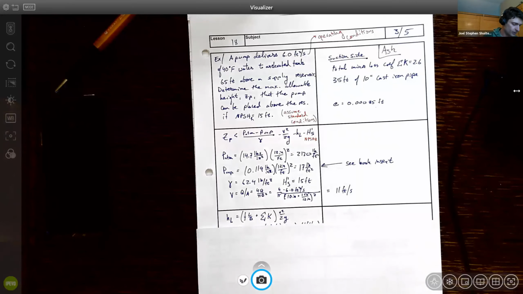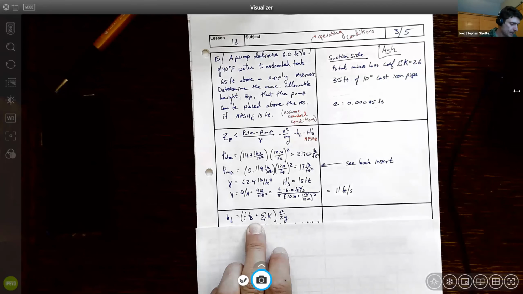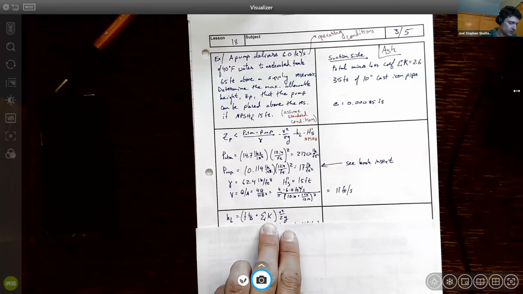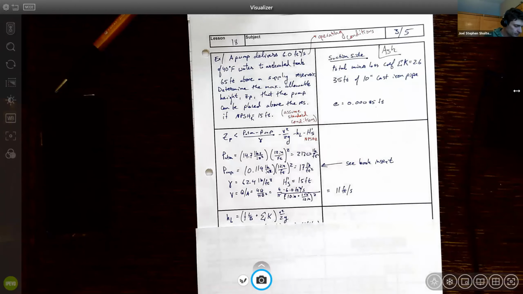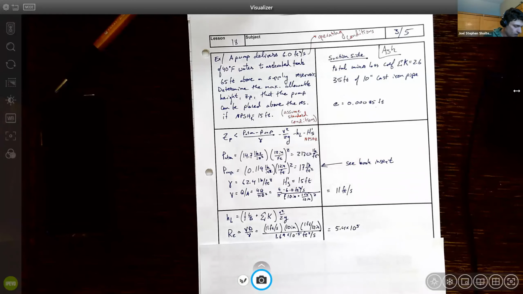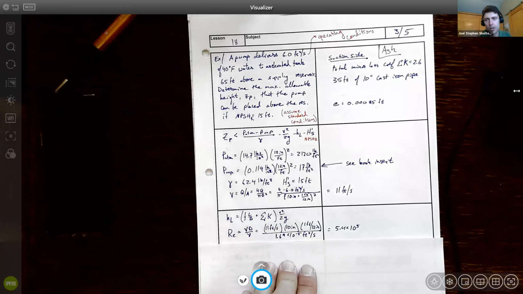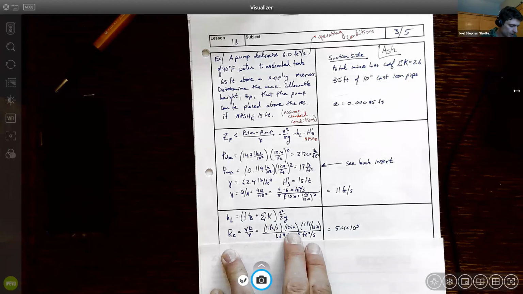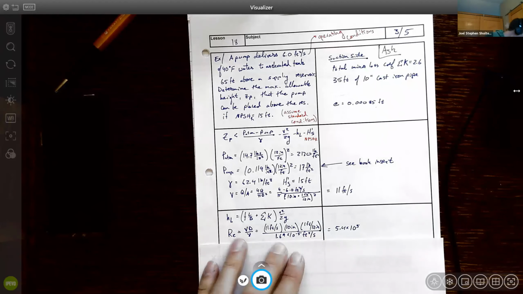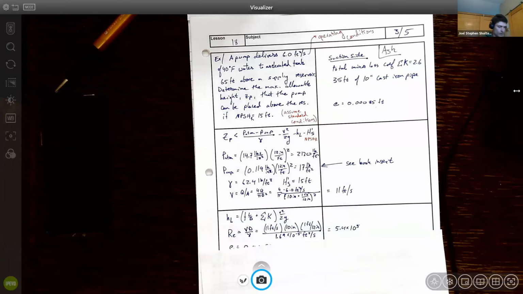So our head loss is going to be equal to, using the Darcy-Weisbach equation, F times L over D plus the sum of our minor loss coefficients, times the velocity squared over 2g. Okay, so we can do the Moody diagram, or we can do the Swamee-Jain equation. First, we need to calculate our Reynolds number. So we have our velocity, 11 feet per second, our diameter, 10 inches times 1 foot over 12 inches, and then our kinematic viscosity, which we look up.